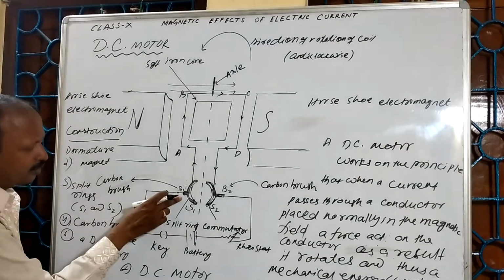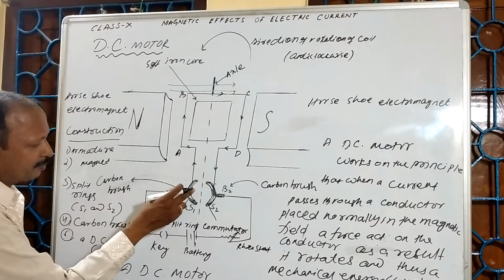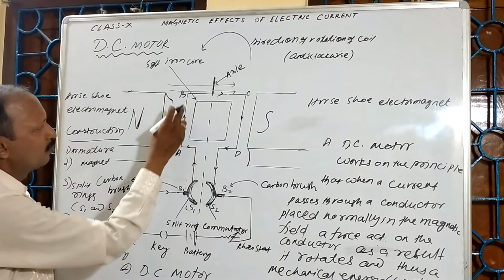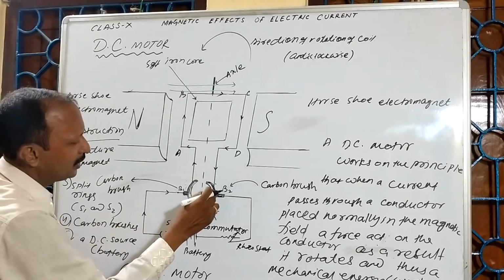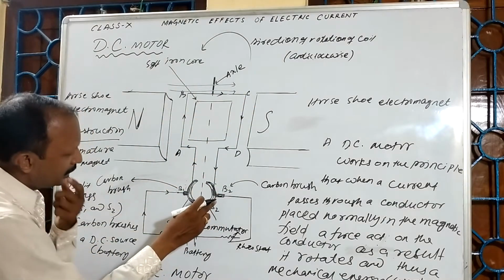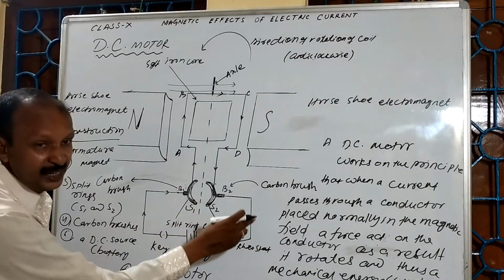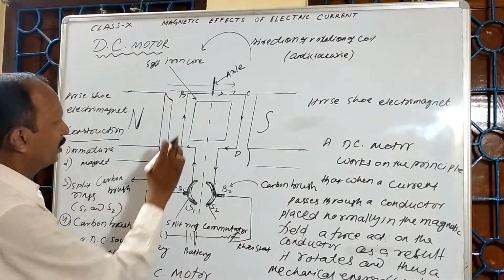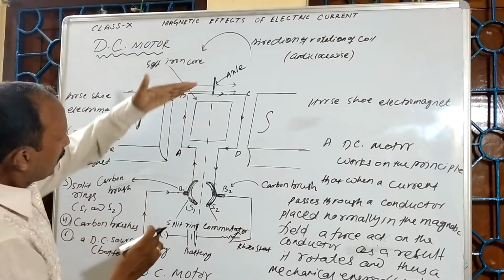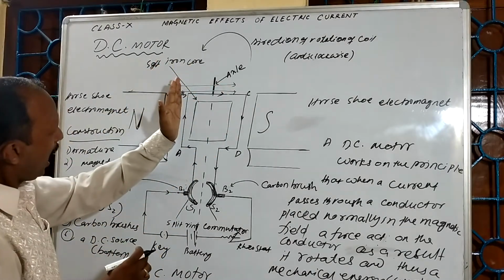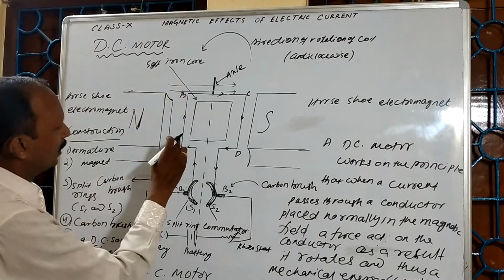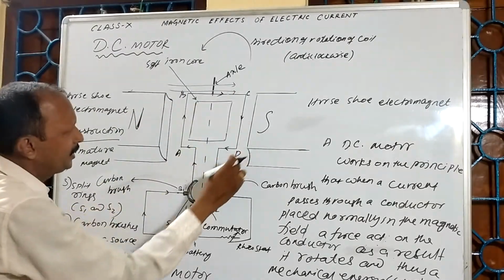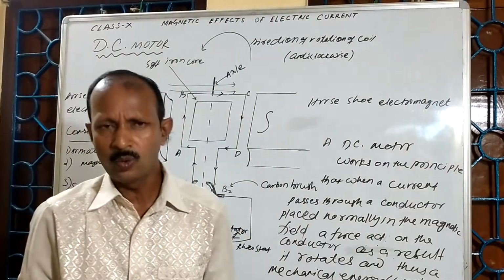Current enters brush B1, thereafter it enters S1, moves in this manner and leaves the circuit through S2 and B2. So at this time, you observe from this figure that the magnetic field and the current carrying conductor at the sides AB and CD are both perpendicular.